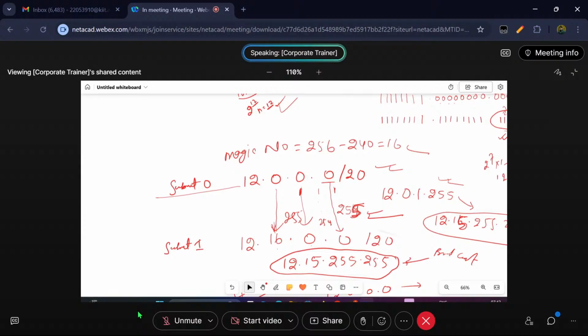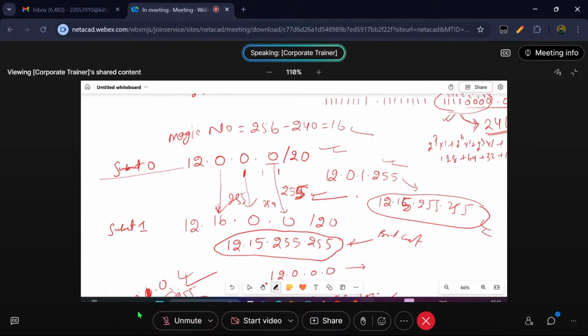Here our value is slash 20. Just think of it. If you use slash 20, that is our new network ID. So whenever you create a different network, you have to change the network bits.